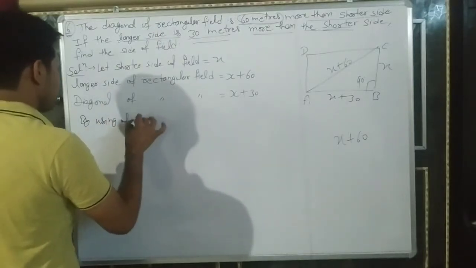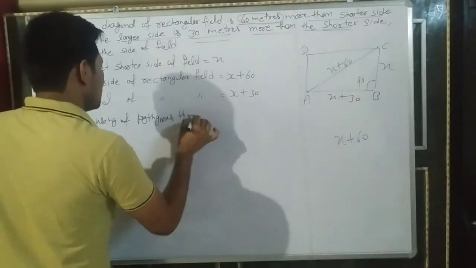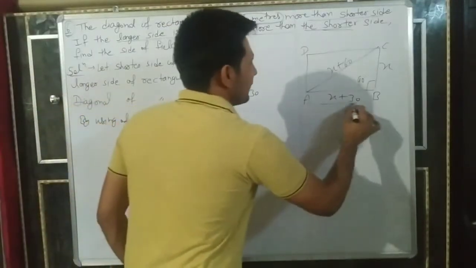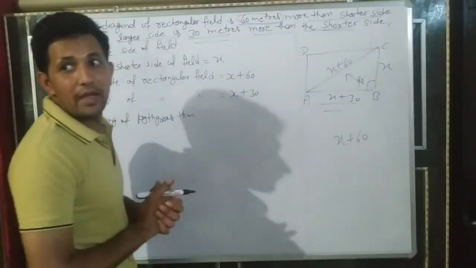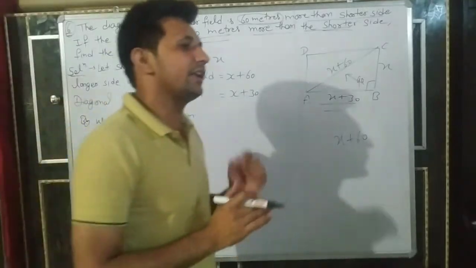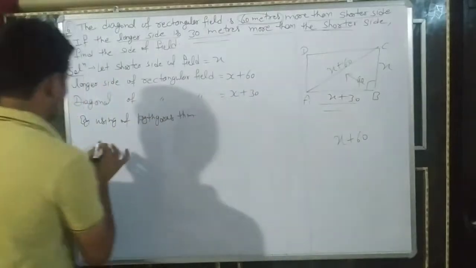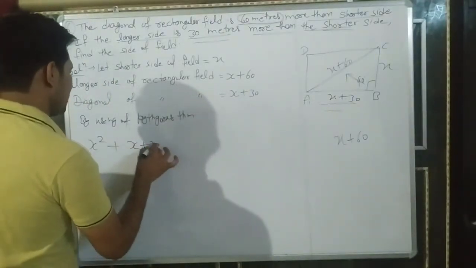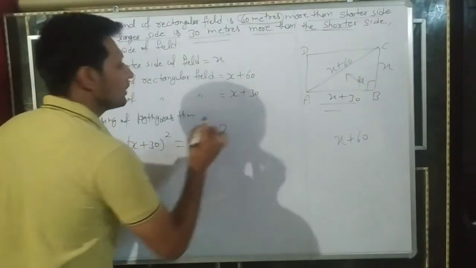What is the Pythagoras theorem? We always use it with the diagonal, the hypotenuse, opposite the 90 degrees. The sum of the squares of the two sides in a right angle triangle is equal to the square of the hypotenuse. So x square plus the second side, x plus 30 whole square, equal to x plus 60 whole square, the hypotenuse squared. Understand it?